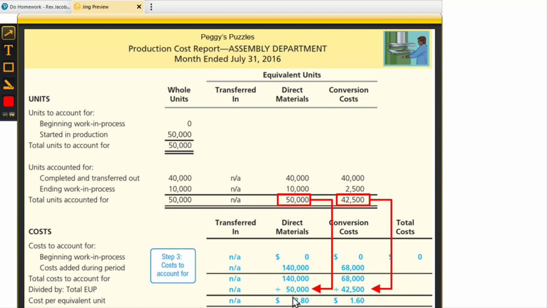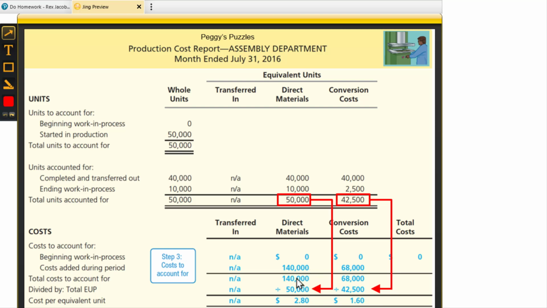unit. So going back to our previous video, this $2.80 for direct materials, the way we calculated that is we took the total cost for direct materials, which is $140,000. That included the beginning work in process, which was 0, and then direct material costs added to the department during the period.